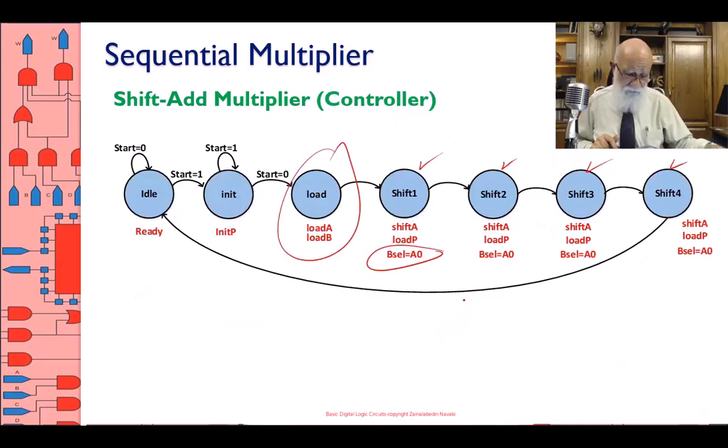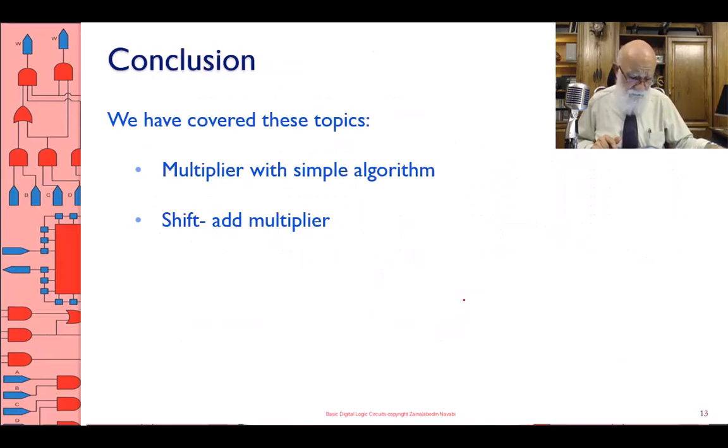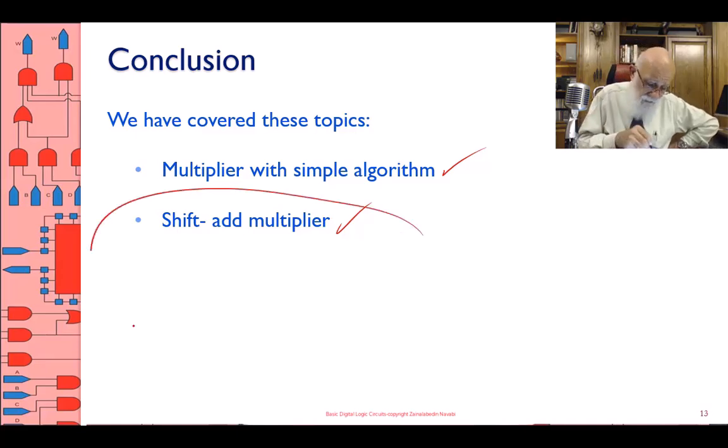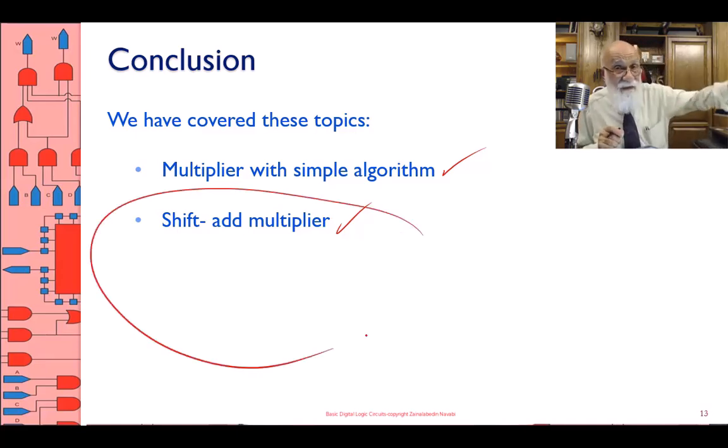So this is the controller, and what we have done is we have talked about a simple algorithm and also just an overview of the shift and add multiplier. And this is actually where we begin in the next course with our RTL designs.